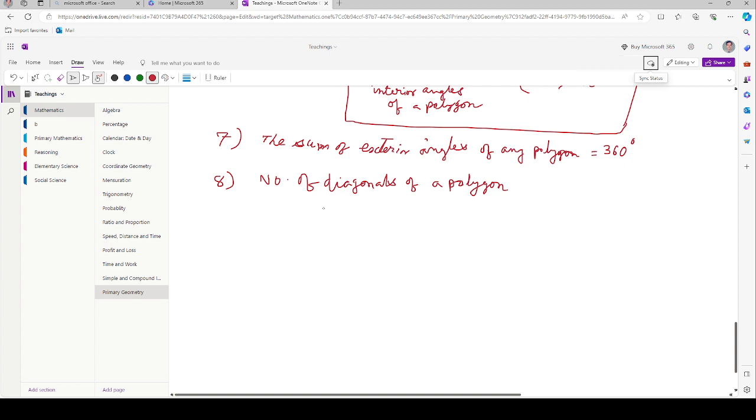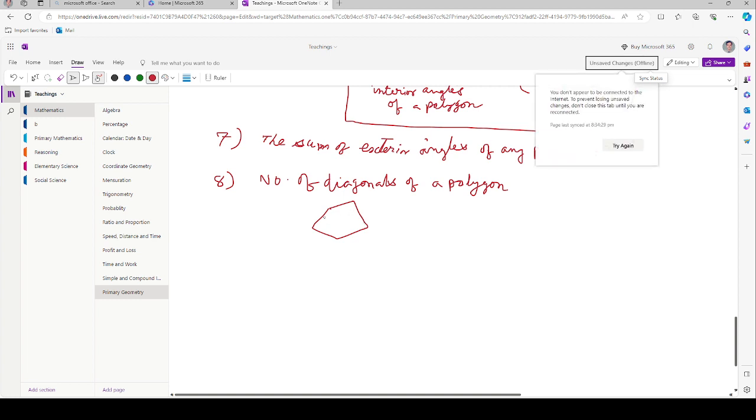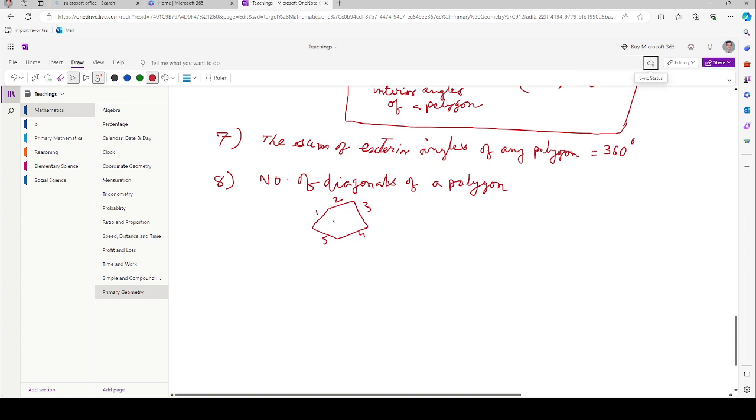What are the diagonals of a polygon? Say it is a polygon. Here are 5 sides, so it is a pentagon. Okay. And what are its diagonals?